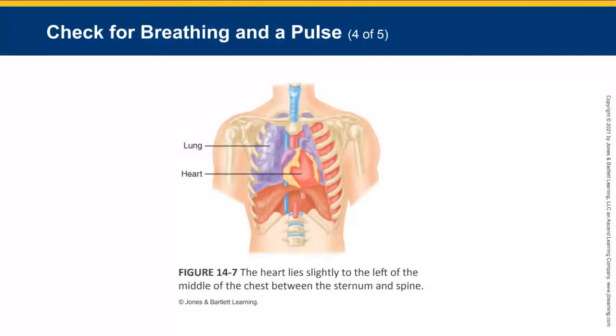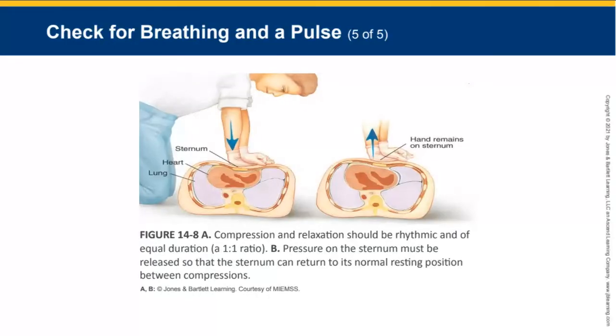The heart lies slightly to the left of the middle of the chest between the sternum and the spine. So you want to get your body or shoulders directly over your arms. Elbows locked, and you use the motion of your upper body going down to create the compression, and ensure that you release the compression to allow recoil.